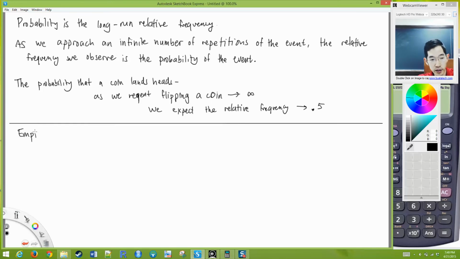Empirical means based on evidence. Empirical probabilities are basically relative frequencies from actual trials.